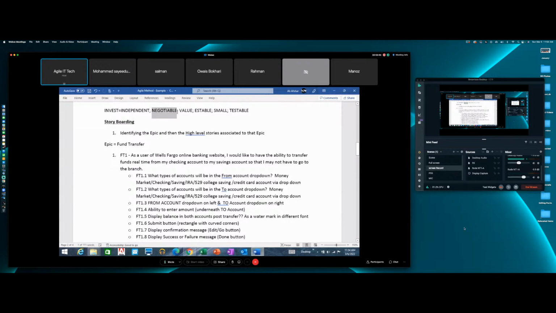You should be able to talk about them. V means the story should bring value to the product. E means you have to be able to estimate the effort. S means the stories have to be small, because they have to fit within the sprints. And T, the story has to be testable. So when you write a story, keep this in mind. Clear?